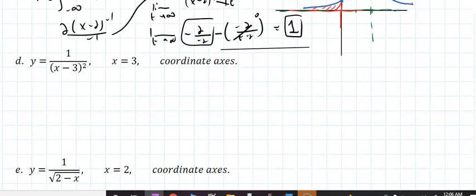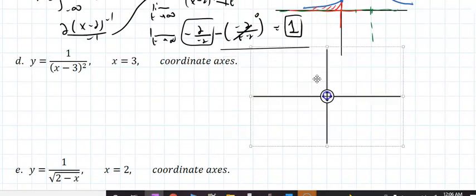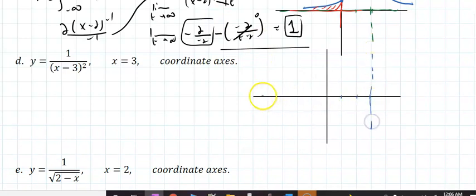Here we have an asymptote at x equals 3. 1, 2, 3. Y equals 0. When x equals 0, I get positive 1 over 9. So similar graph to what we just did. The graph looks like this. And the problem says go from x equals 3 and the coordinate axis.